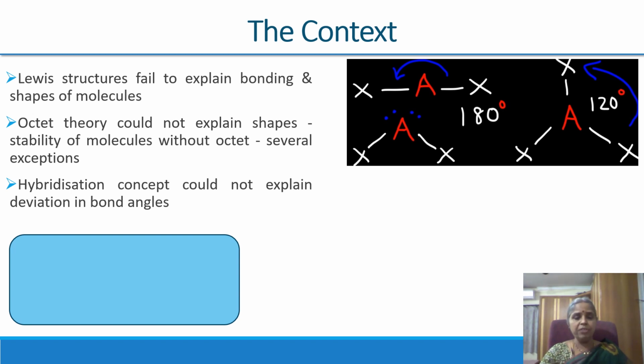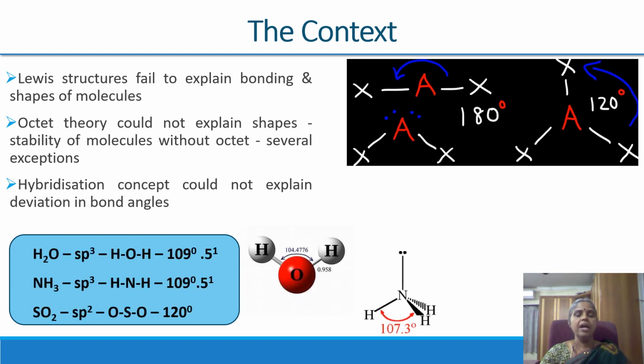So the VSEPR theory tries to bridge these small gaps, or it tries to address these limitations and account for the deviation in the bond angles that has been noticed in certain examples. For example, you can see here water undergoes sp3 hybridization. Supposed bond angle is 109.5. But what is the bond angle mentioned here?